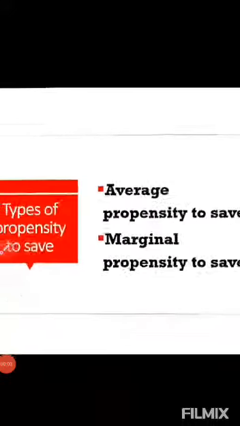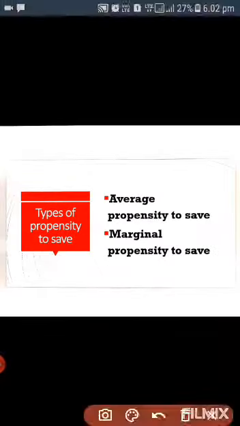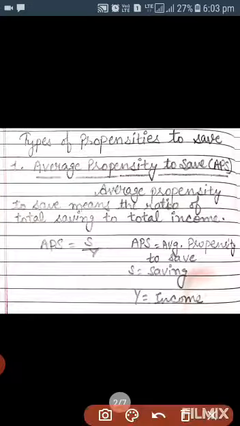Now we will see the types of propensity to save. We are having two types: average propensity to save and marginal propensity to save. Average propensity to save means the ratio of total saving to total income.